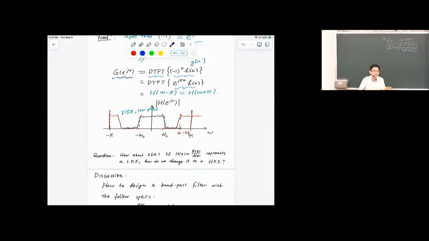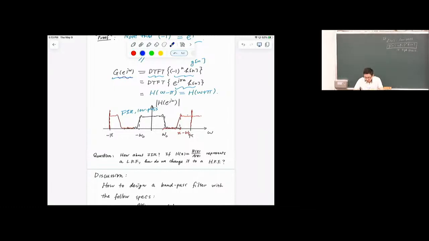That's a simple derivation. When we multiply our impulse response in time by (-1) to the nth power, that gives you a high pass filter. If you start with low pass, this very simple procedure changes your filter into a high pass filter. And this is really wonderful.